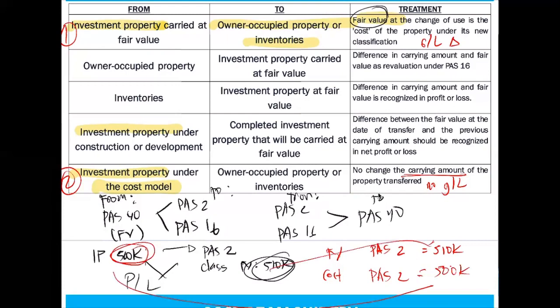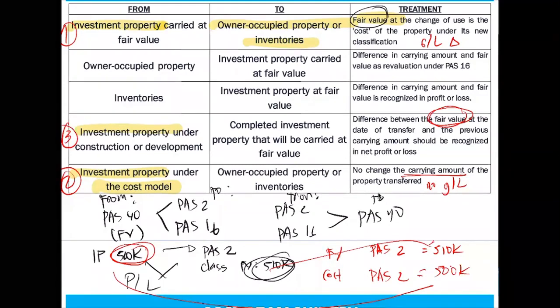Dito, dun sa una at fair value. Pangalawa at cost. How about if that is investment property under construction or development? We will account it at fair value. So if ever it is under development, ililipat natin sa completed investment property at fair value.